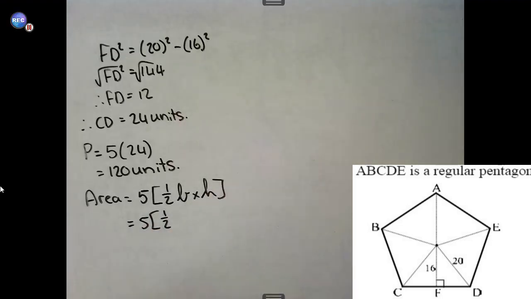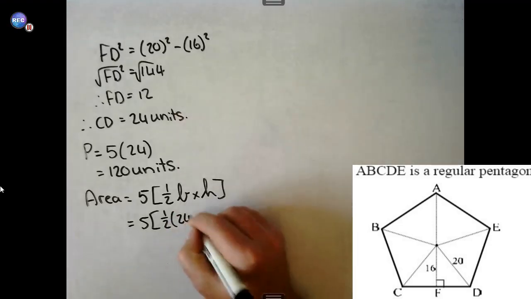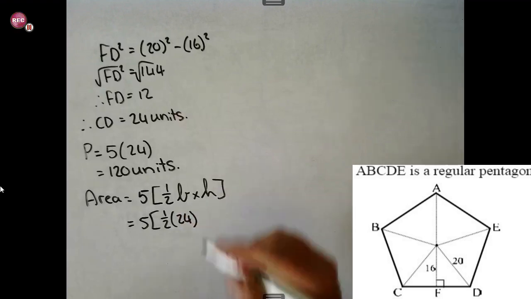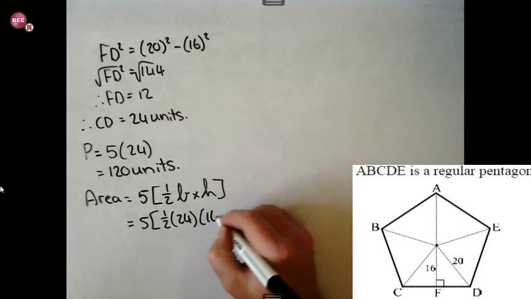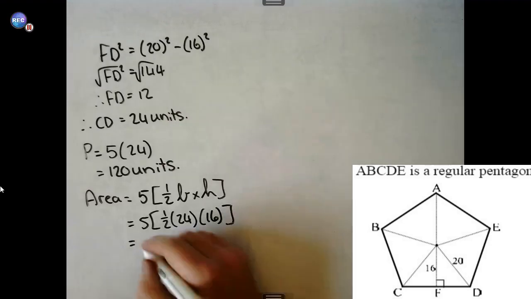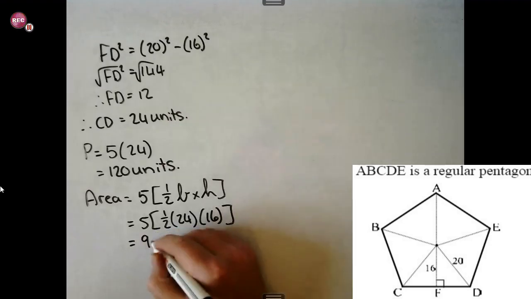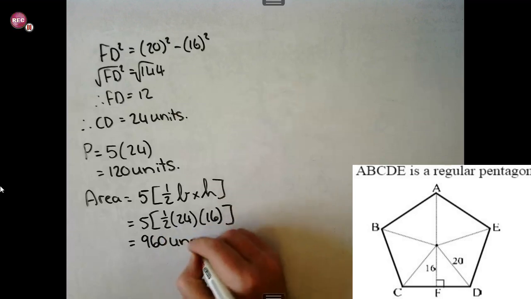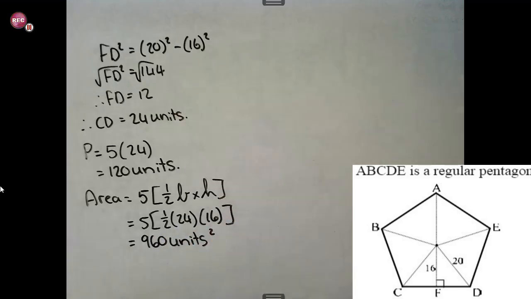The base of the triangle is 24. The height of the triangles will be 16. If I calculate this and I multiply the area for all 5 of the triangles, I would get a total area of 960 units squared. And there you go. There you've calculated the total perimeter as well as the total area for that shape.